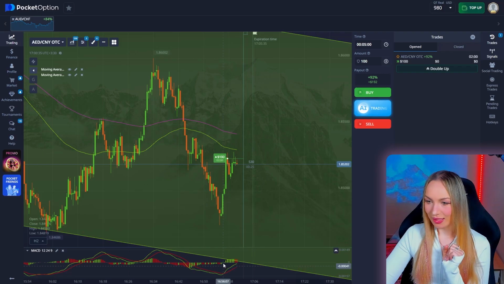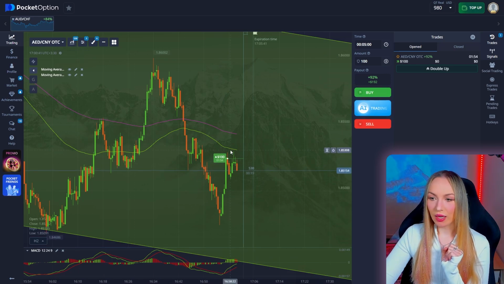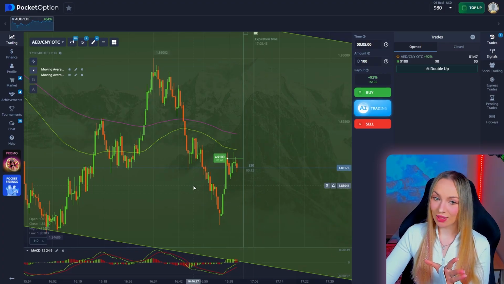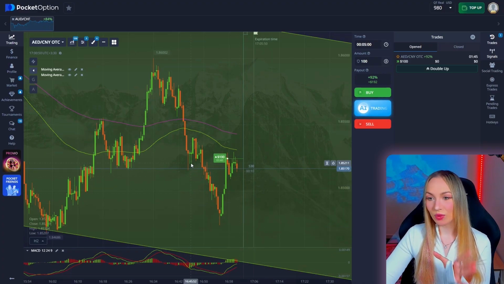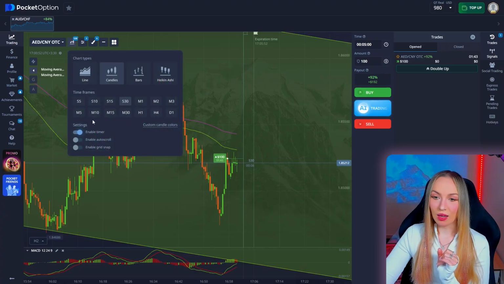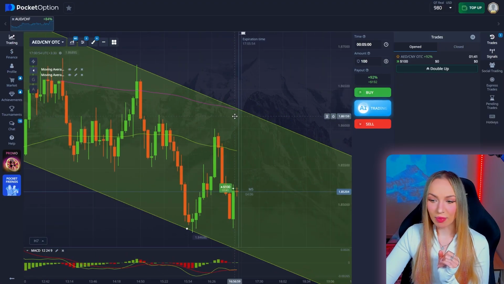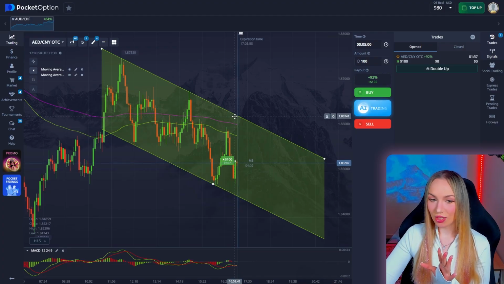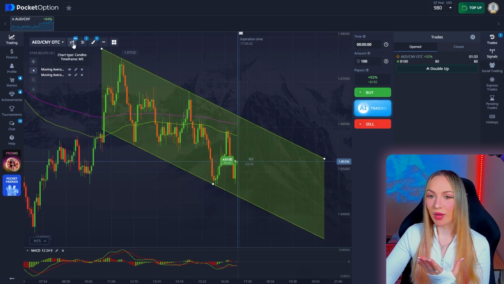The second thing is that our price didn't touch the support, and it was the point where the price could go up and could go down, so it's like 50-50 chances that this trade will be profitable. So yeah, basically that's it. I wouldn't enter here. I just wanted to show you what a bad trade means.